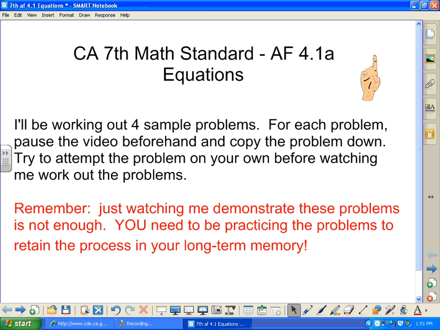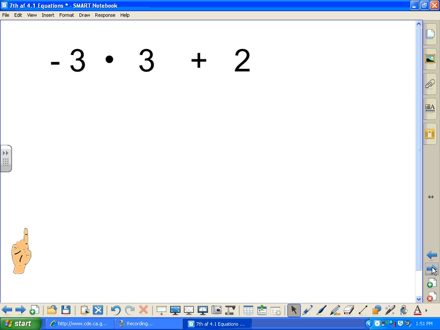Okay, so let's begin. Let's start with this particular expression here. This expression shows -3. This little dot means to multiply. -3 times 3 plus 2. And so the order of operations tells us that we need to actually multiply the -3 times the +3, which gives you a -9 first.